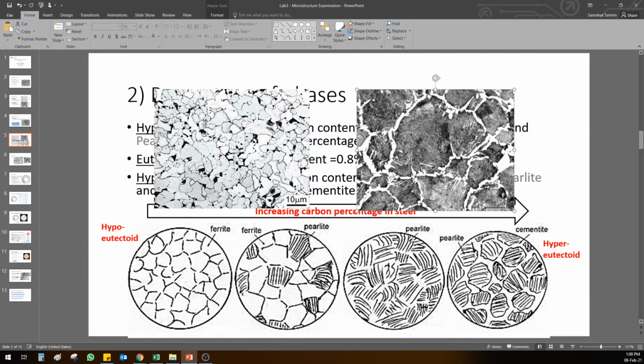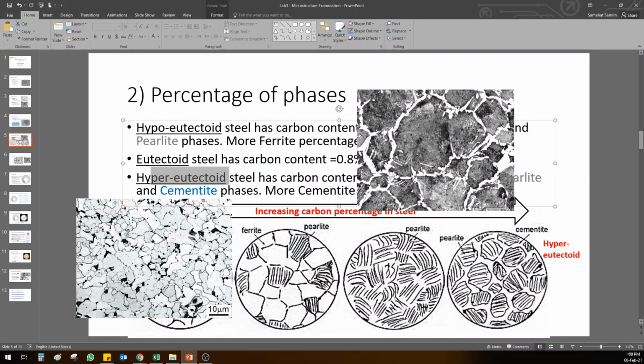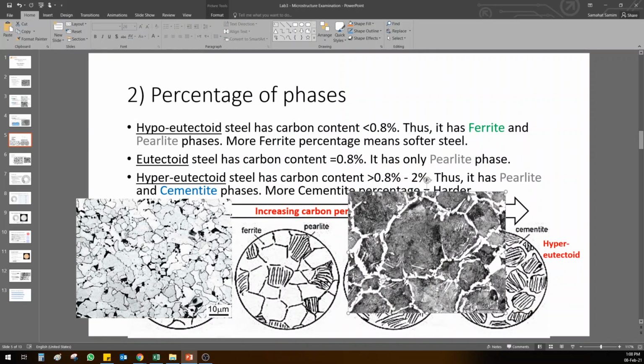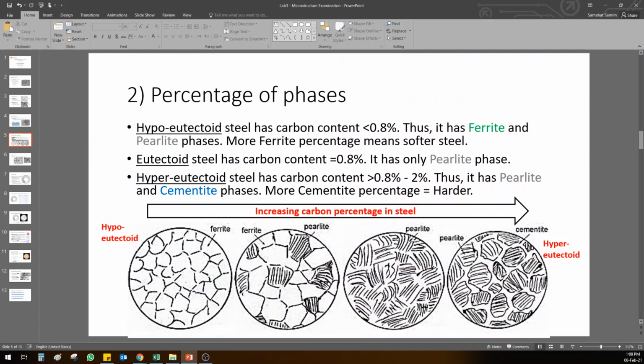Judging by eye, I have 80% pearlite and maybe 20% cementite, and this falls in the hypereutectoid region. In the hypereutectoid, the carbon percent ranges from 0.8 to 2%. That's how you answer the question of finding the percentage of phases present in a microstructure.